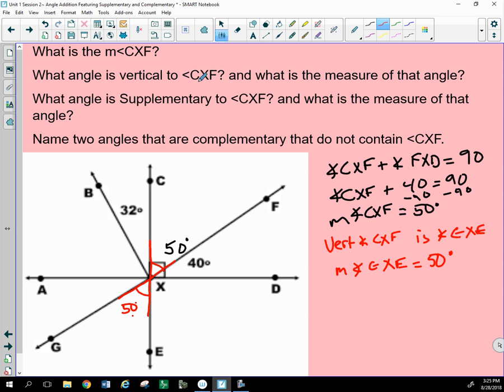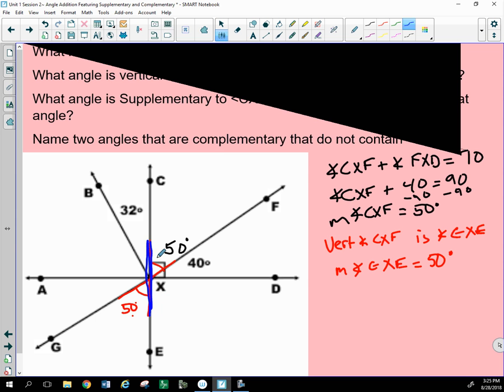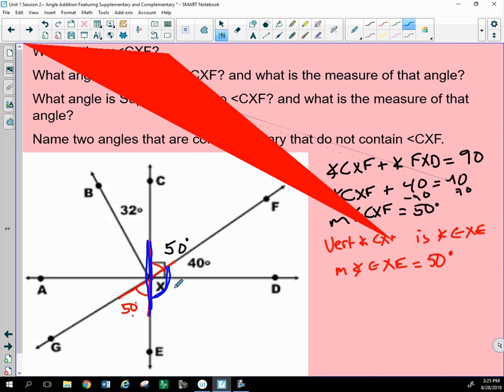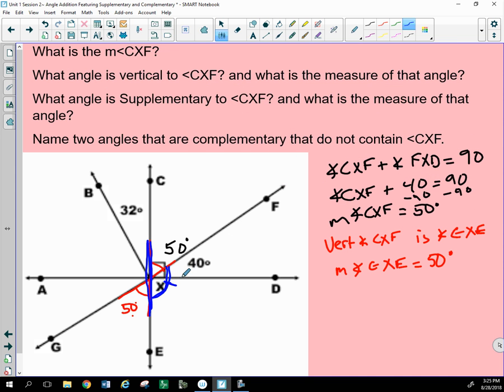The next question is, what angle is supplementary to CXF? Supplementary needs to add up to 180, so it needs to be on a straight line. One of the sides is this line right here. This would be the straight line that we're looking at, and so this angle down here would be one of the angles that would be supplementary to CXF.